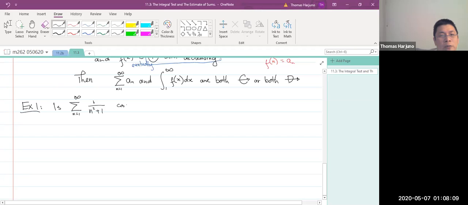Is it convergent? Now then, what I will need to do is let f(x) equal the continuous superposition function of the sequence.